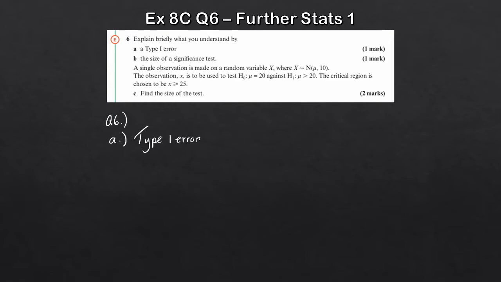Well, a type 1 error is just simply when you reject H0, but you should accept H0.